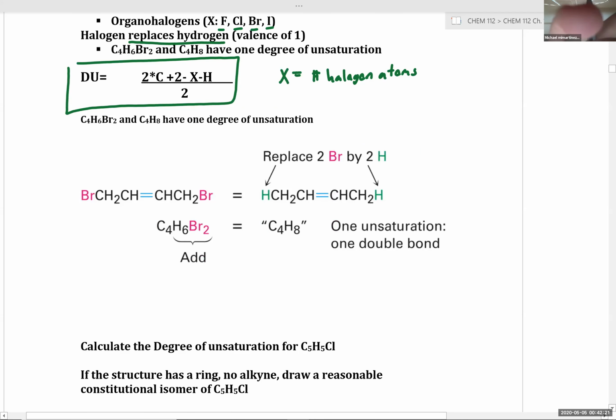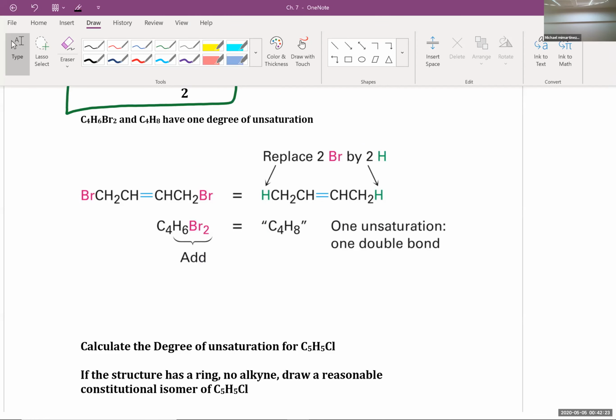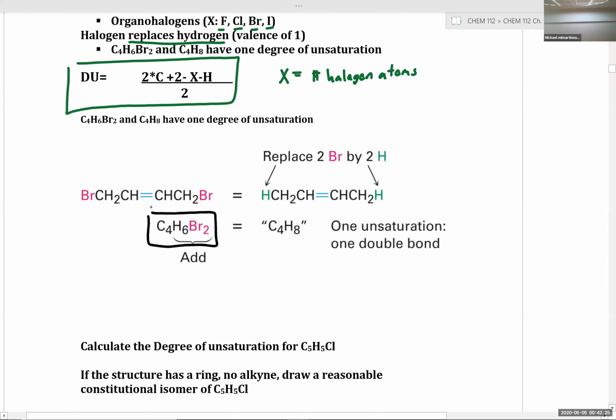So if we're looking at the following formula, C4H6Br2. So for our DU, we have 2 times the number of carbons, which is 4, plus 2. We have 6 hydrogens in our formula. So let's fill in the halogens. We know we have 6 hydrogens.